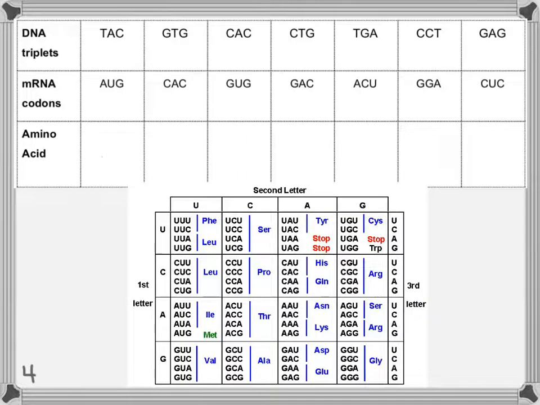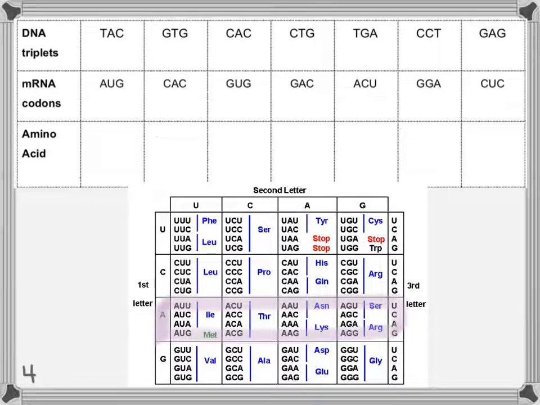Let's go from that mRNA sequence you transcribed above. The first codon is AUG. Let's start with the grid chart. The first letter of the codon is A, so we start in the 3rd row down, right there.